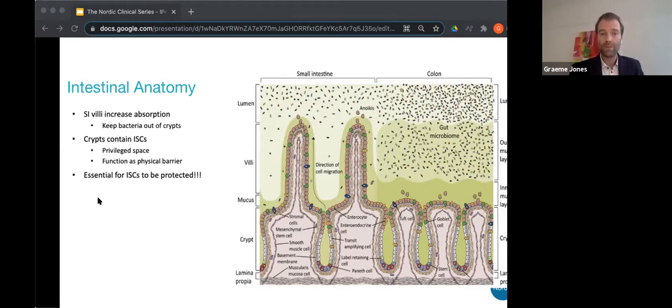And then we have things like goblet cells to help develop the mucus layer, and enteroendocrine cells to help regulate digestive processes. So lots of different cells here performing lots of different functions to assist in a whole variety of processes. We want, of course, all these to be as healthy as possible.